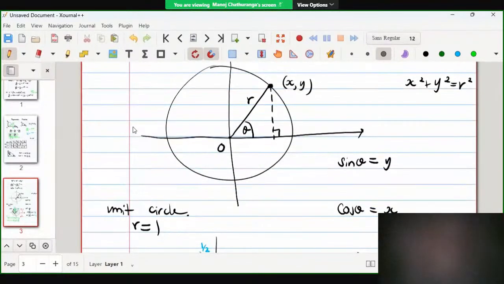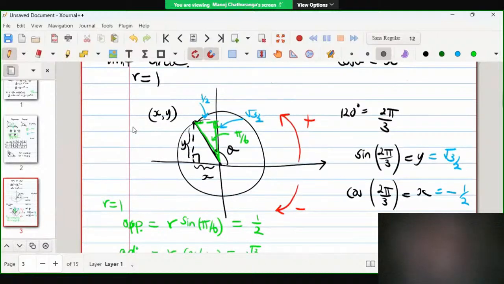Because of this reason, sometimes people use the term circular functions or trigonometric functions. They are no longer called only trigonometric functions because now there is a relation between these functions and circles, not only a relation between trig functions and triangles. So circular functions.